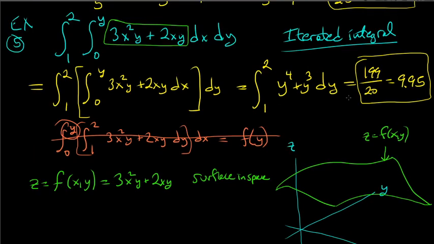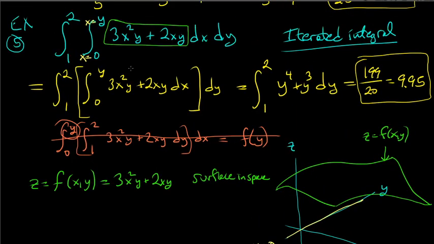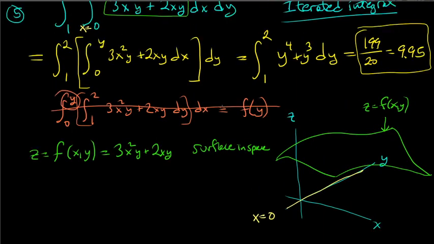Now, the inside integral, notice, is with respect to x. So the 0 and the y are values of x. So what's x equals 0? X equals 0 is the y-axis. This is the line, or in this case the plane, x equals 0. And the upper limit of integration is x equals y.